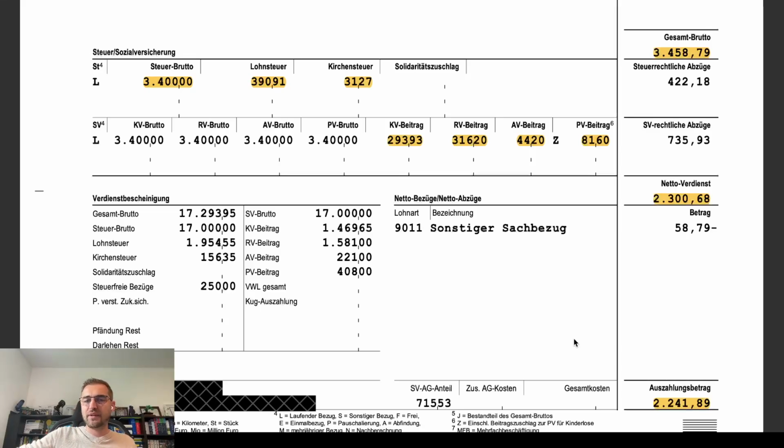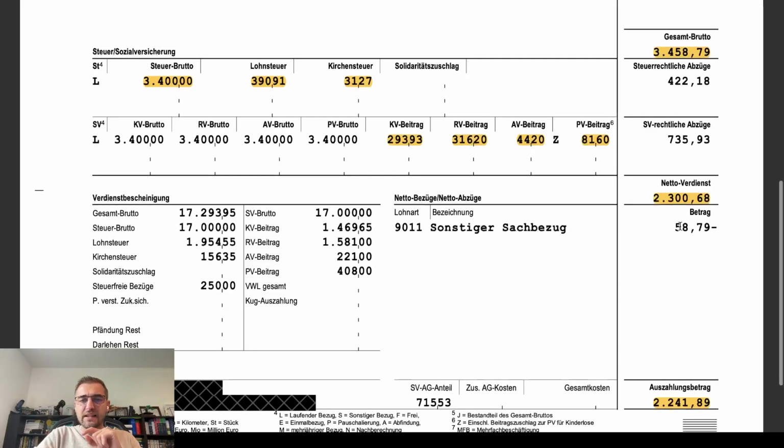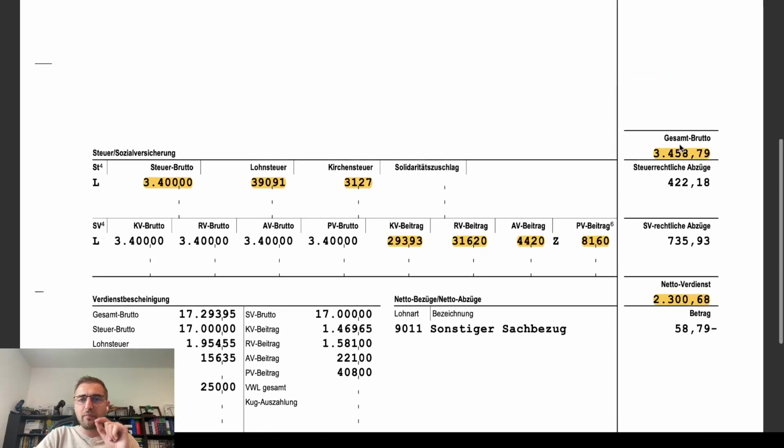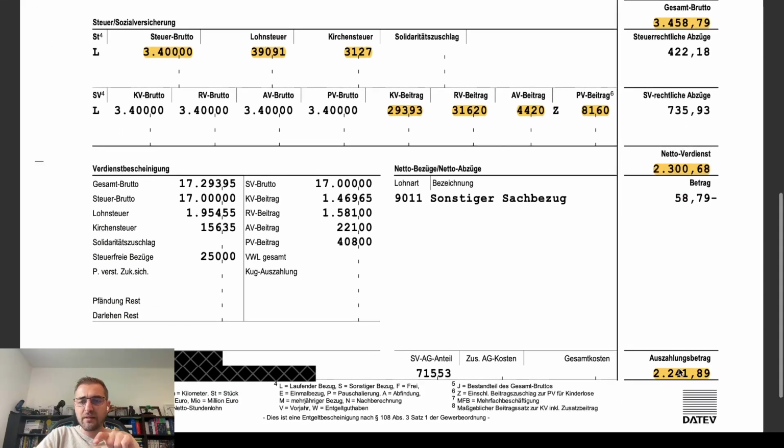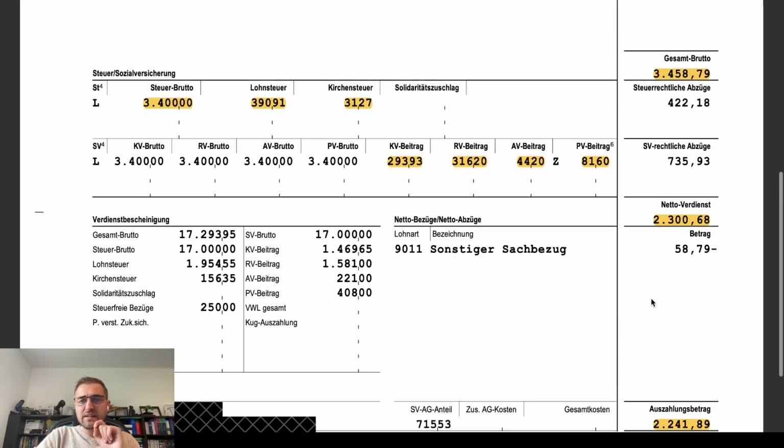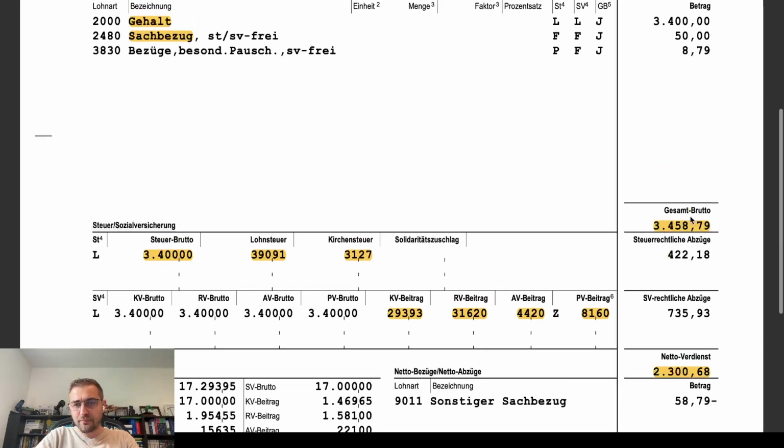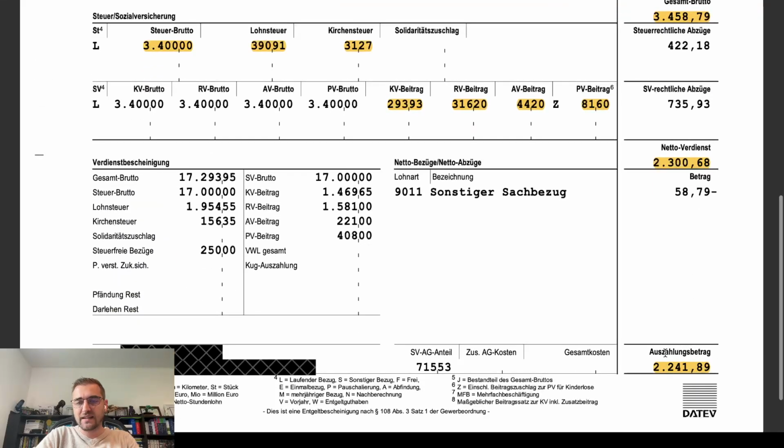Then you can pay with these cards, for example, for some of the gas for my car, or get something on Amazon, and then this gets deducted, and this down below here is the payout. So you see, from 3,458.79 will be at the end 2,241.89. This is the full brutto, the gross salary, and this is the net salary, or in this example, the payout.